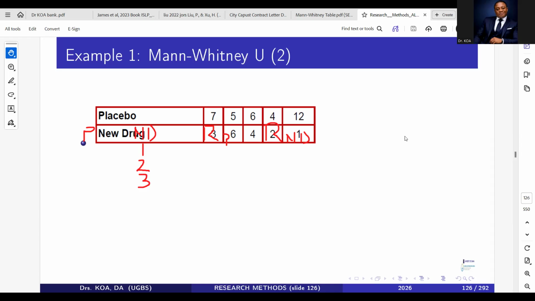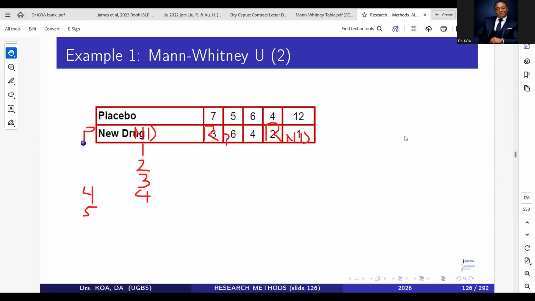The next number, 4. Which group? Both new drug and placebo. So you will always say both. So you write it here, both, and then you write it here as well. Next number, 5. Which group? Placebo. So you write it under placebo.